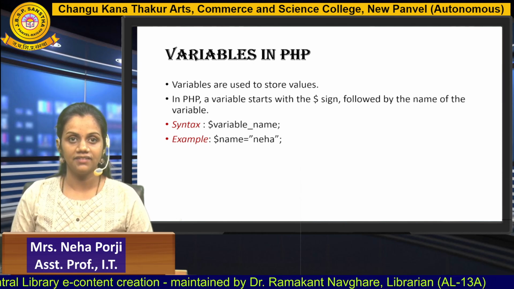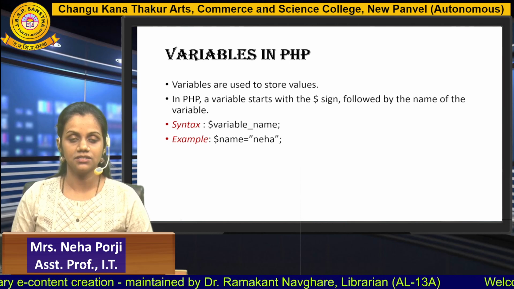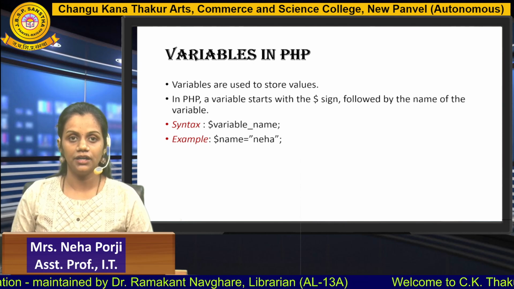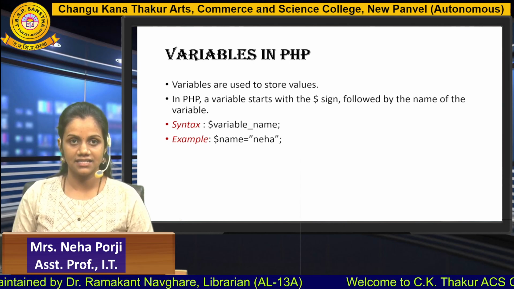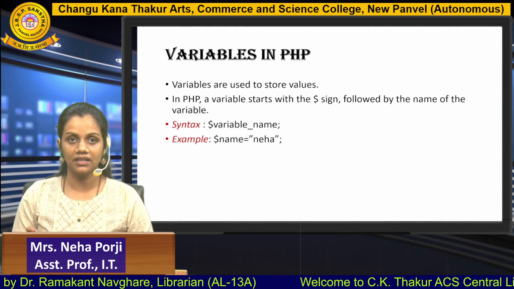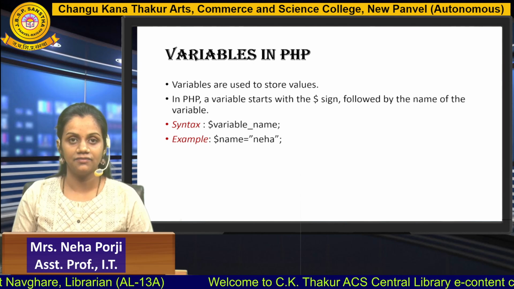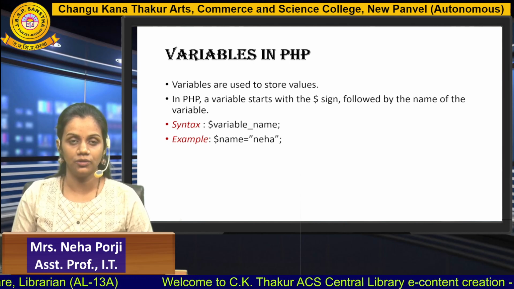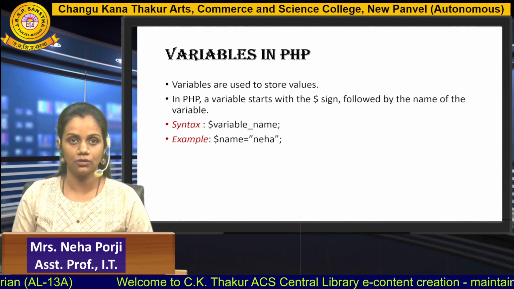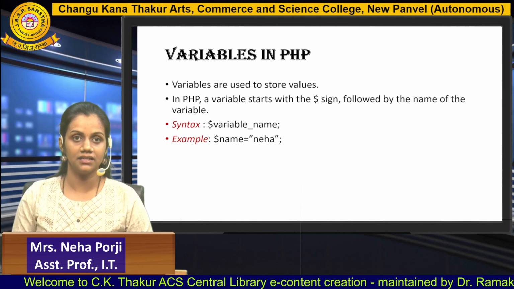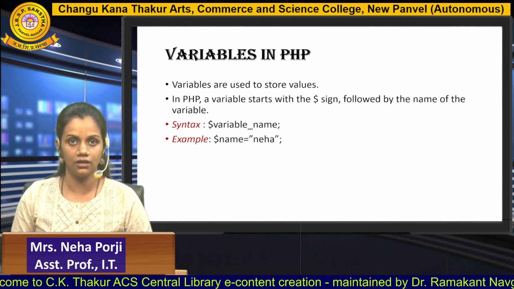Now we have a simple example. Suppose we want to store a name into a variable. Here, name is the variable, and I'm storing my name, Neha, written in double quotes, as the value we are storing into the variable, and the variable starts with the dollar sign.